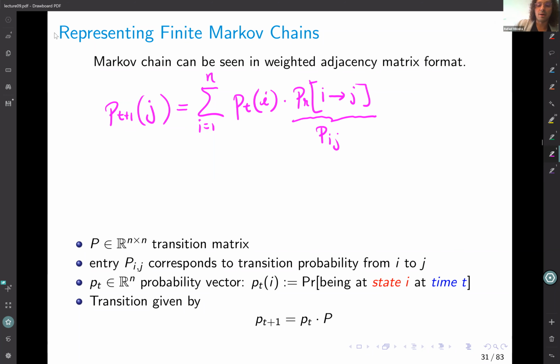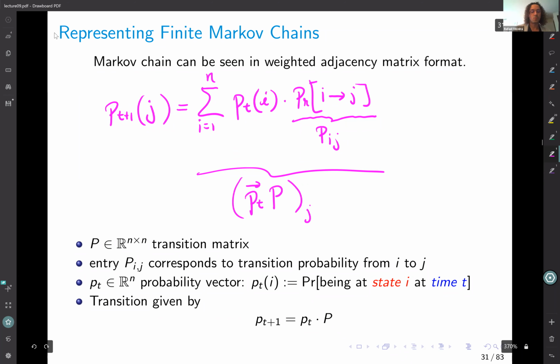So if you think about the sum, this is exactly if I take the vector P t, multiply by my matrix P, and then take the entry j.